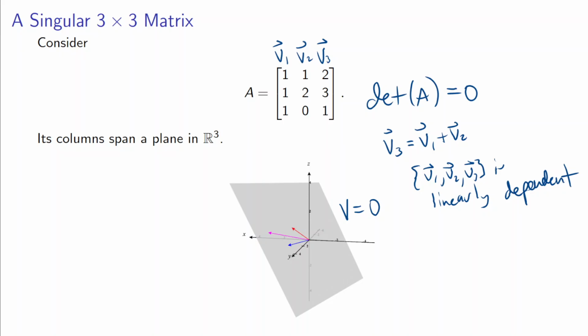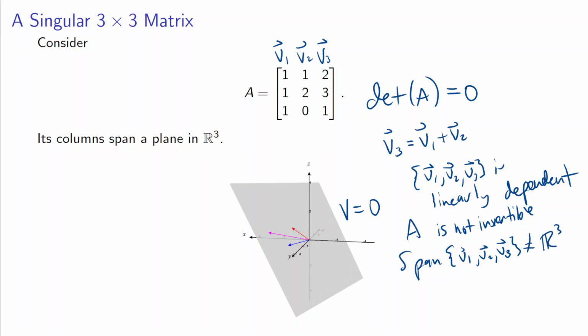And we also have the fact that therefore A is not invertible, and the span of this set v1, v2, v3 is not all of R3.